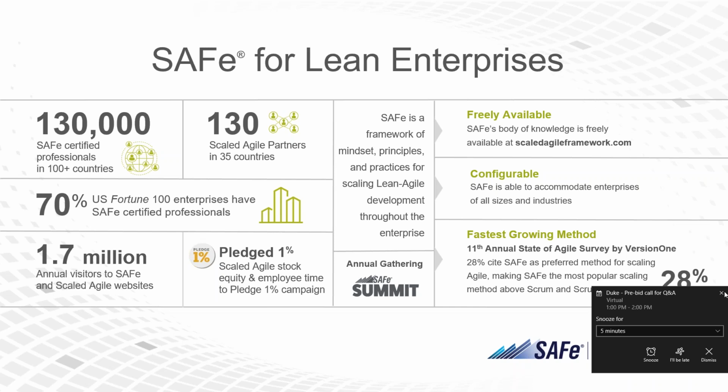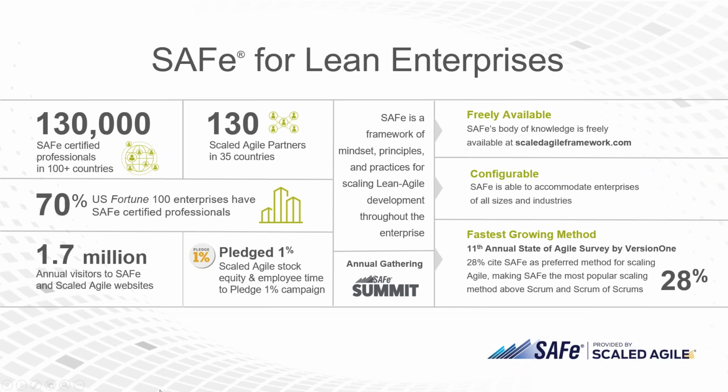The next to the last slide that we have here talks about the success and the popularity that SAFe has seen since inception. You can see there are 130,000 different SAFe certified professionals around the world, 130 different partners, of which P-Cubed is one of them.